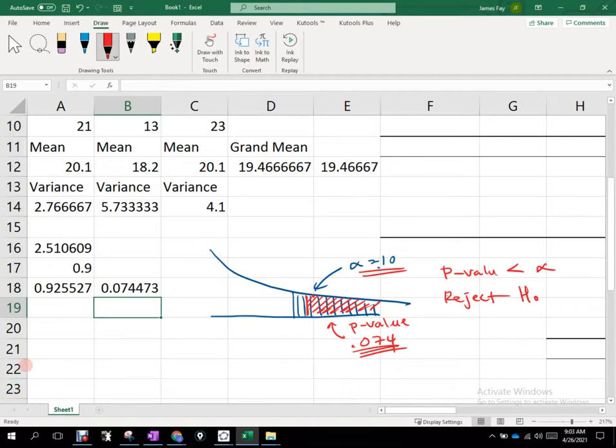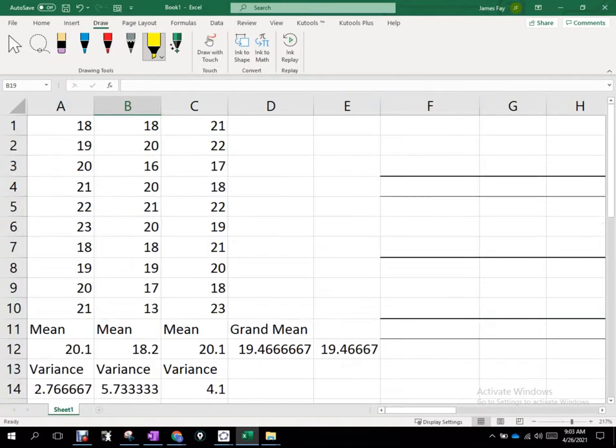That was F.DIST of my F statistic, I'll just call it x, then the degrees of freedom of the numerator, then the degrees of freedom of the denominator, and then true. That's going to give me the area here in yellow. Then we have to subtract that from 1 to get the area that is in red. So in this case we reject the null hypothesis. One of these populations is different than the others.